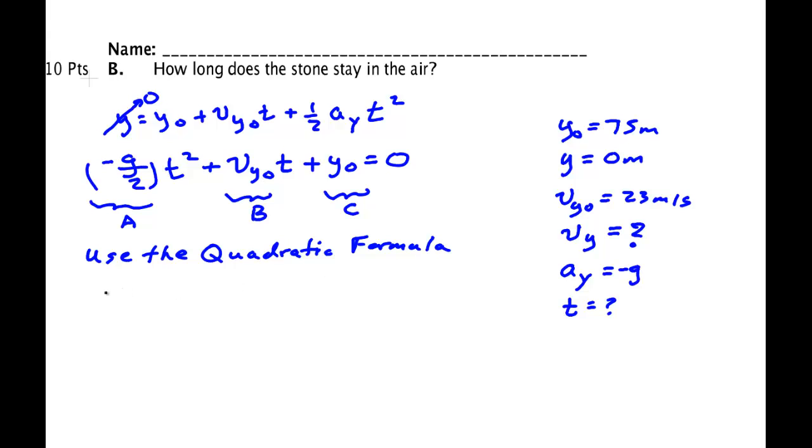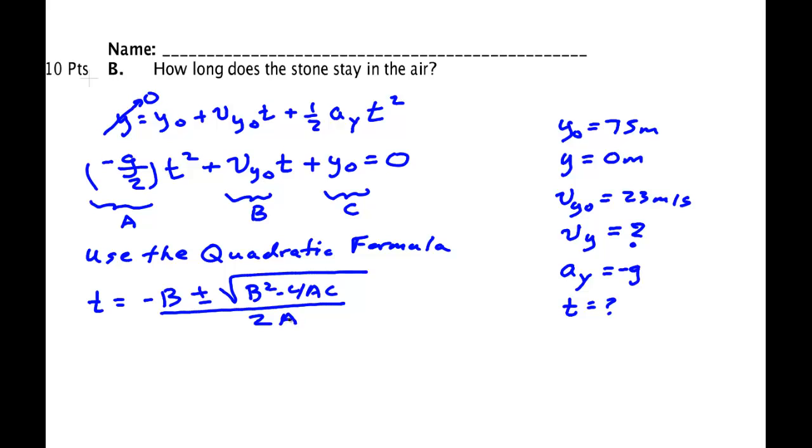The quadratic formula says that t is equal to minus b plus or minus the square root of b squared minus 4ac, all of that over 2a. And we have one additional condition: t has to be greater than 0. So one of these two roots is extraneous in this problem. It only is at the ground at one time.